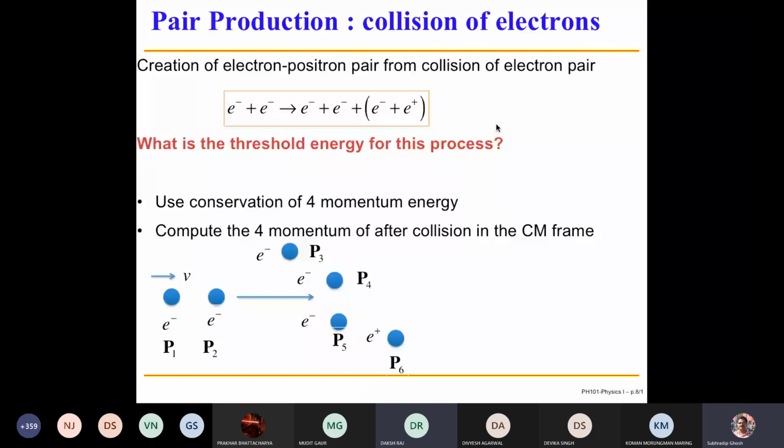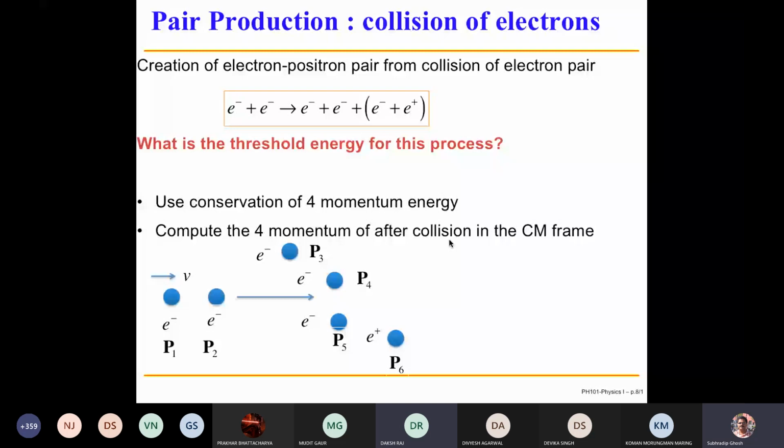We will use the conservation of 4-momentum energy, and the trick is that we will compute the 4-momentum after collision in the center of mass frame. The advantage of going into this 4-vector formalism is that I can work in any reference frame of my convenience, because the norm or magnitude of the 4-momentum is invariant. So it doesn't matter in which frame you are working.